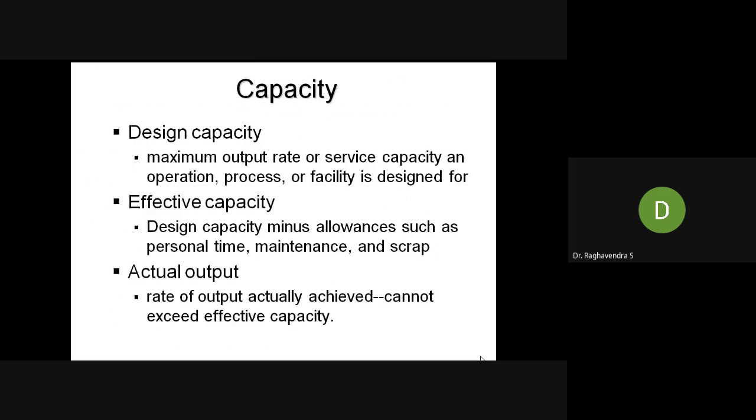Even if I say 100 tons for a truck, we normally load it for 85, because we look at many safety factors. Then what is the actual capacity? When you calculate the actual output of the truck, the efficiency of the truck, it should be less than 85 tons because we have given the allowances. We took the factor of safety, all these things considered.